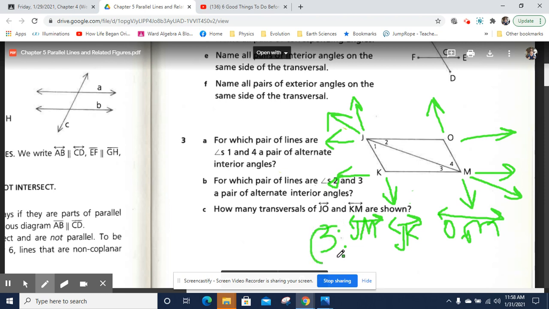There are three transversals. Transversals are just lines that cut through two or more lines. If angles 1 and 4 were congruent, or 2 and 3 were congruent, then that would also tell us some things about whether JO and KM are parallel, or OM and JK are parallel, but that's coming in the next section. So I'll stop now.